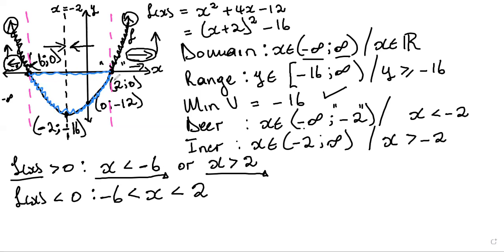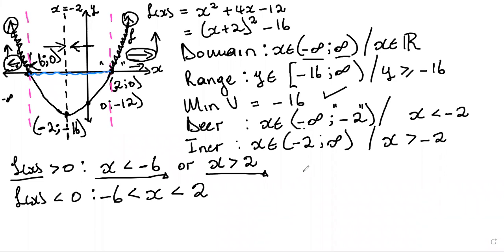I want you to realize that we didn't include -6 as well as +2. What is the reason for that? It's because at exactly -6, the y value is going to be 0, as well as at +2. The y values are 0 there. So we are not looking for where the y values are 0. No, we are looking for strictly negative or strictly positive.